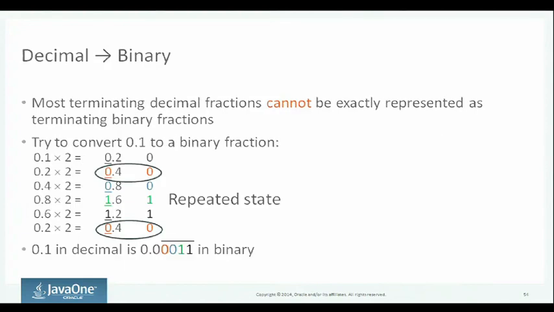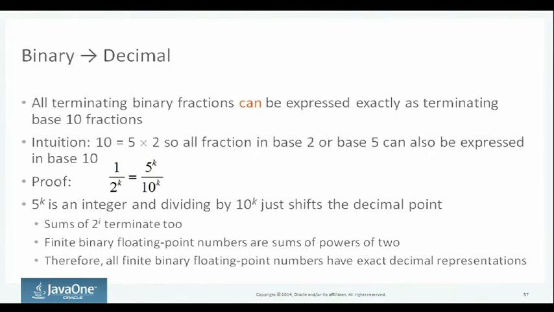Now let's look at the other direction, going from binary to decimal. Initially, this looks more promising because all terminating binary fractions can be exactly expressed as decimal. The intuition is that 10 equals 2 times 5, so all the fractions in base 2 or base 5 can be represented in base 10. And the proof is kind of along those lines.